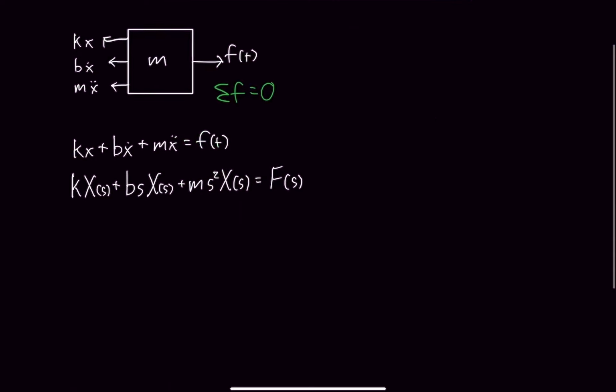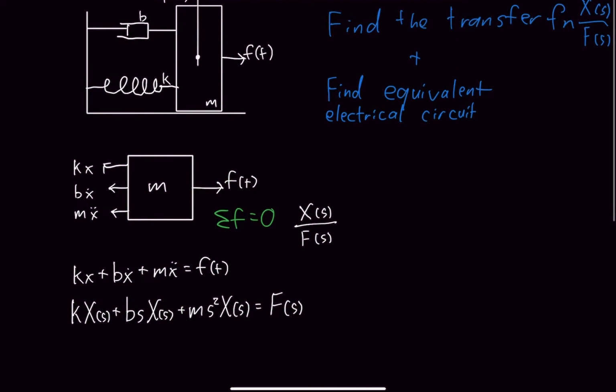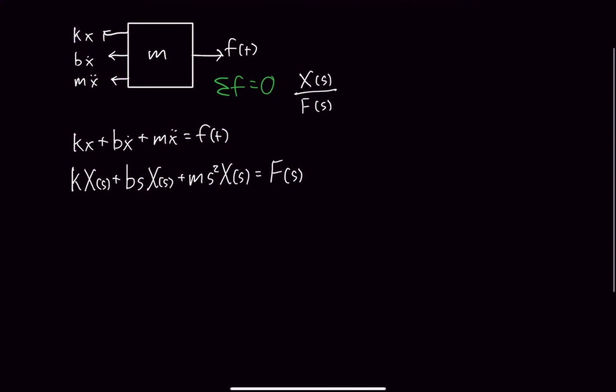We're specifically looking for x of s over F of s. So I'm going to go ahead and take out a common variable and just reorganize this side.